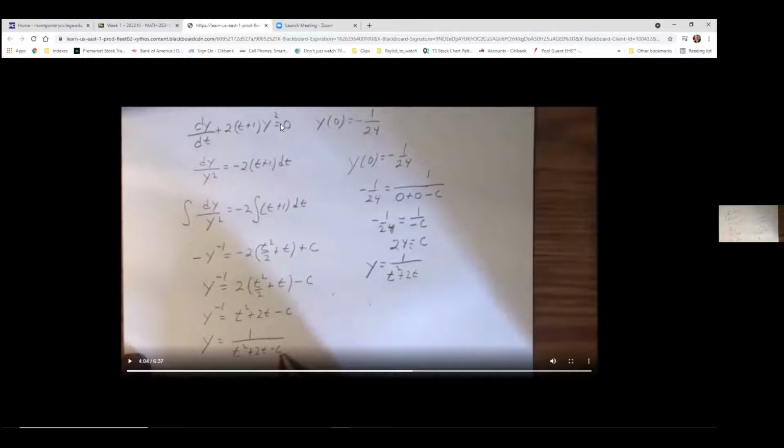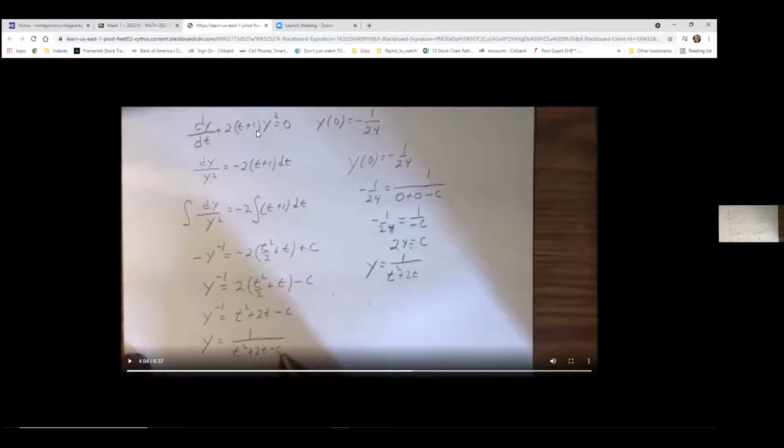Couldn't you integrate without moving the y? Couldn't you just integrate it and use the y as a constant? No, y is not a constant. You can't do that. The rule here is you have to get the y's all on one side of the equation and the t's on the other side.